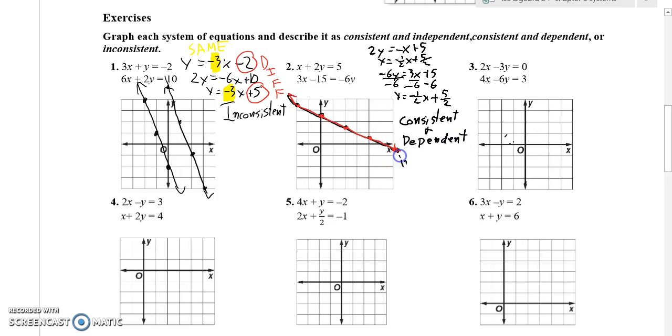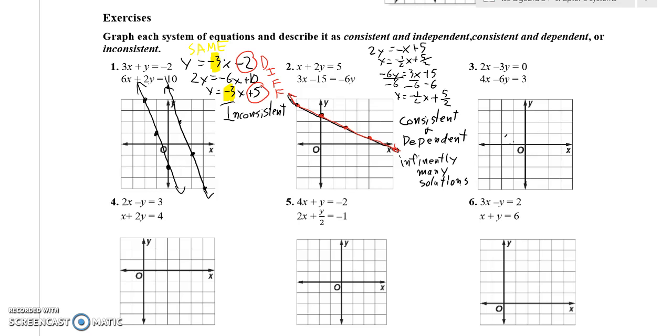There are infinitely many solutions. The solutions depend on the value of x. Not everything works, but if you tell me what the x is, I can tell you what the y is. So it's a dependent system.